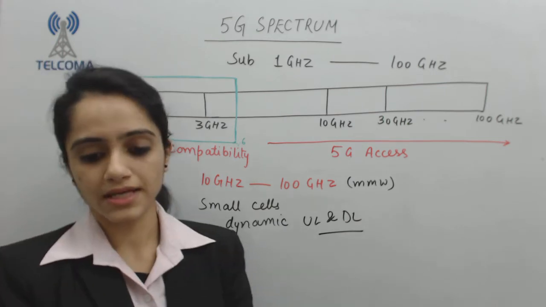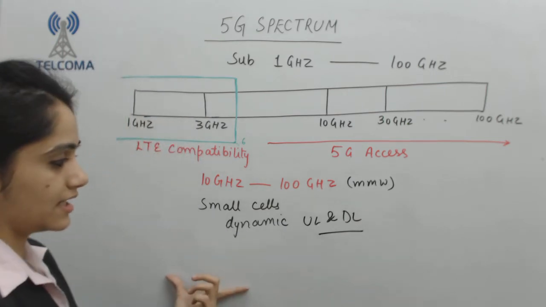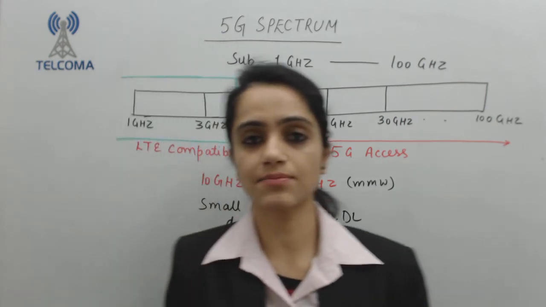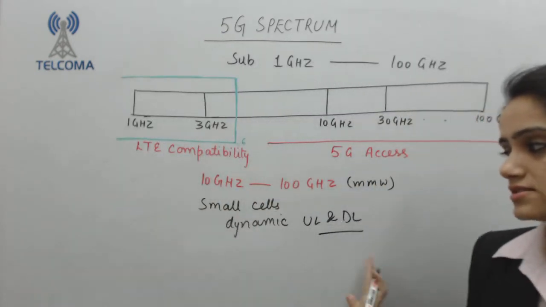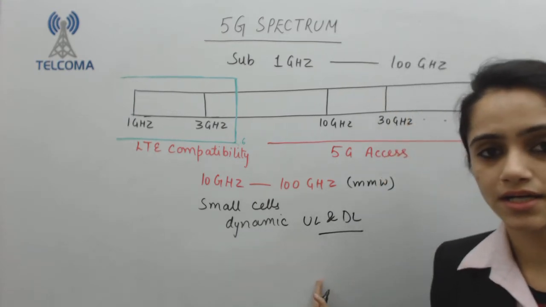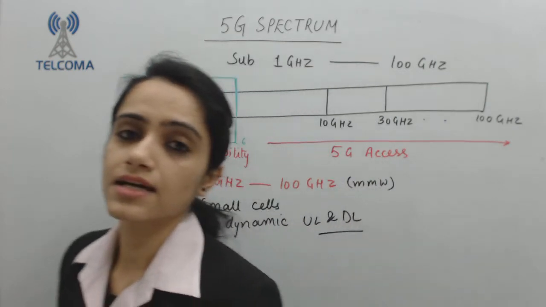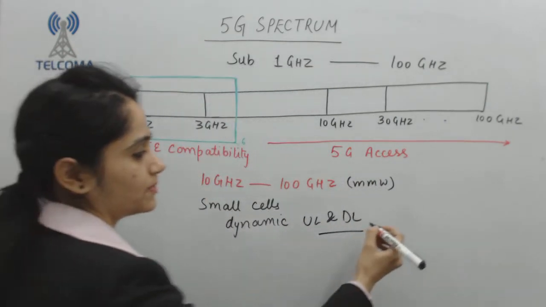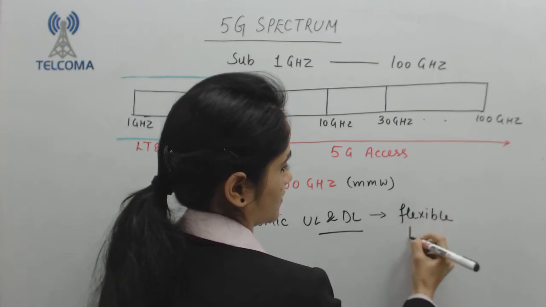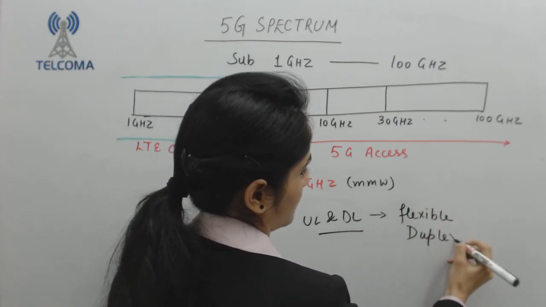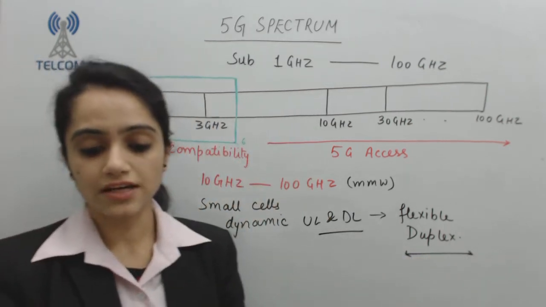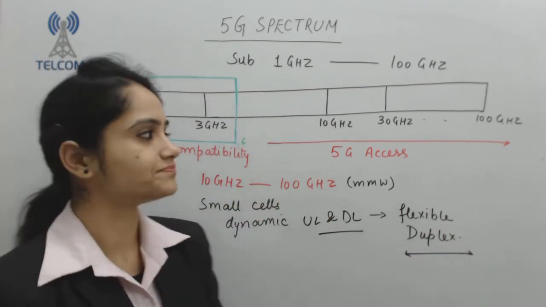That means changing uplink and downlink, a dynamic technique, not fixed. We are not using the concept of fixed uplink and fixed downlink. We are using dynamic uplink and dynamic downlink. This technique is known as flexible duplex, which can also be used in 5G cellular access to achieve high data rate.